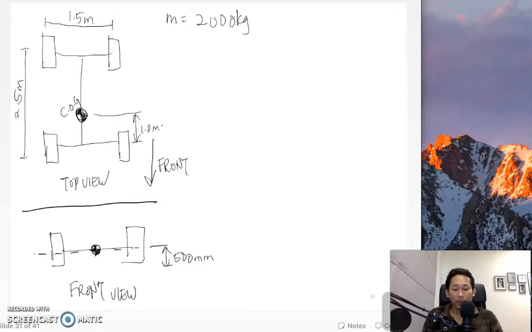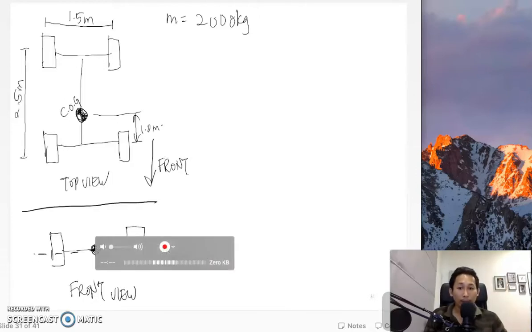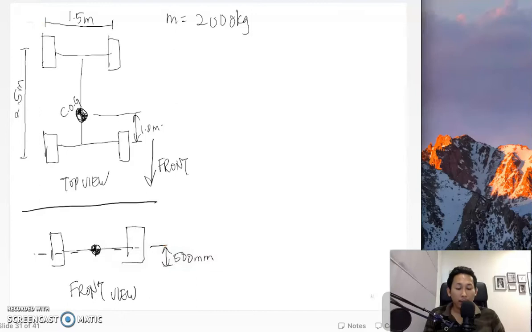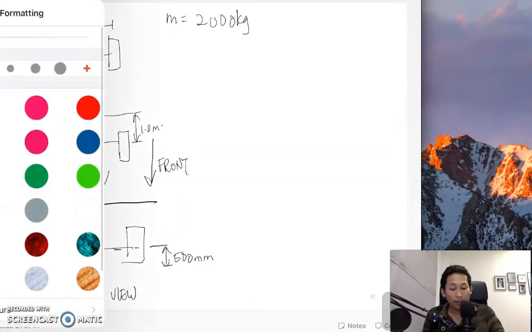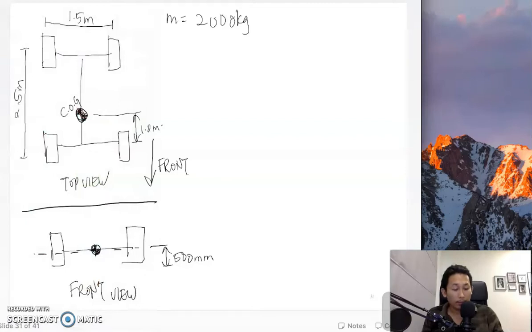First we need to calculate the force that acts on our wheels. So we need to draw the free body diagram of the vehicle.